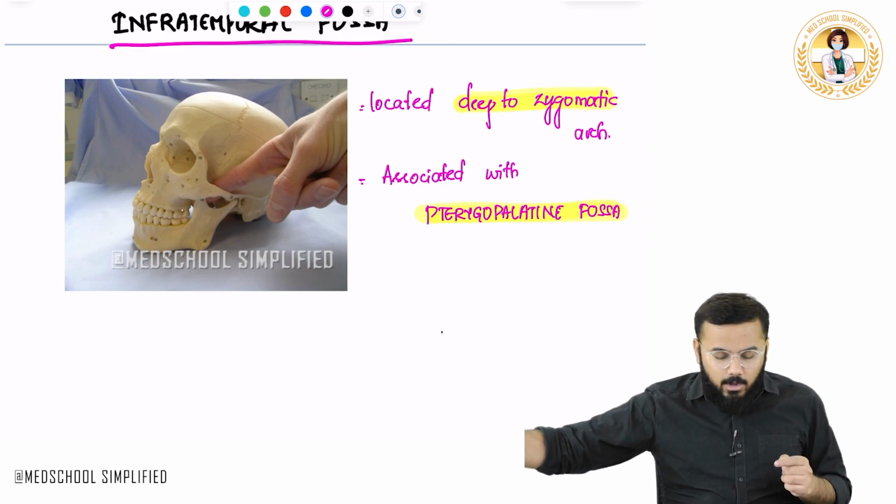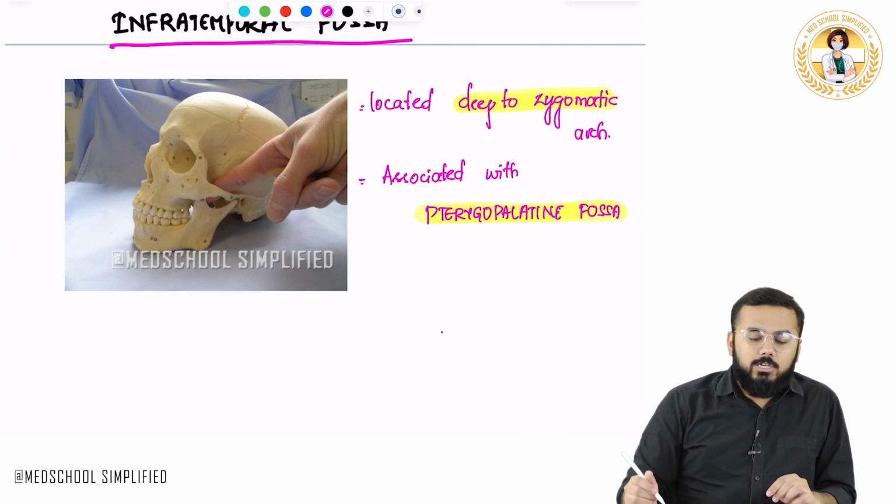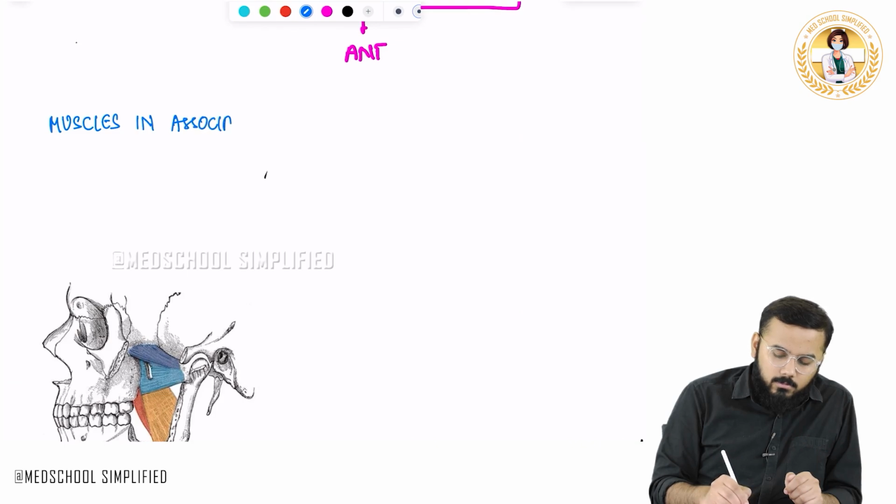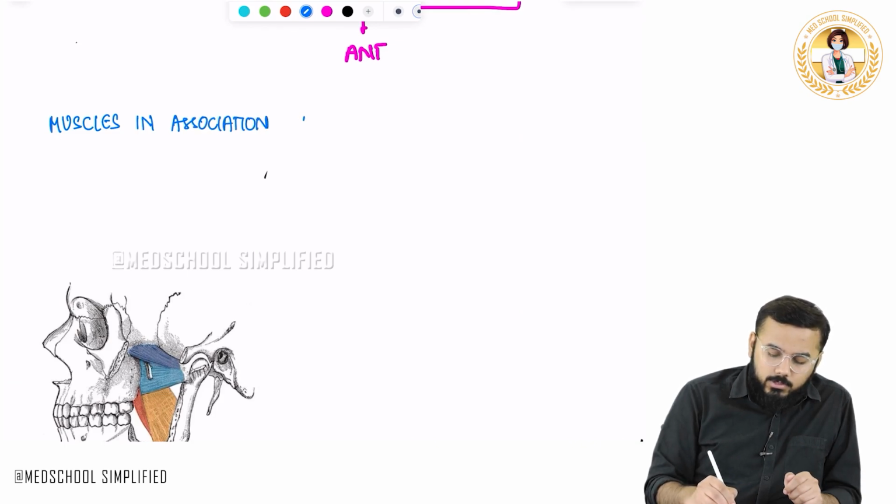So let us write down the muscles that are in association with the infratemporal fossa.